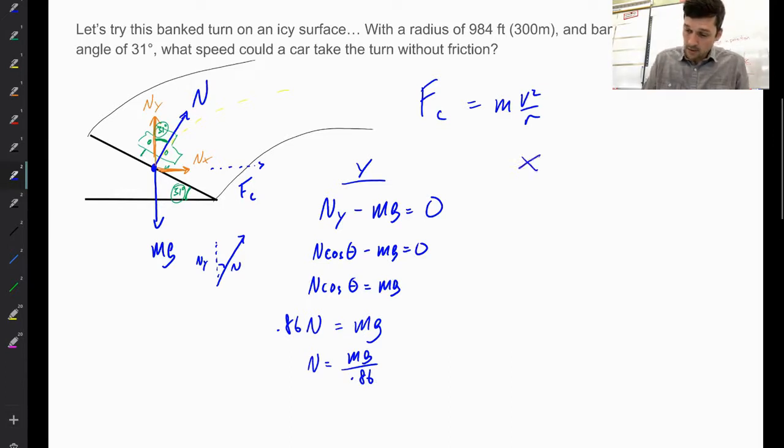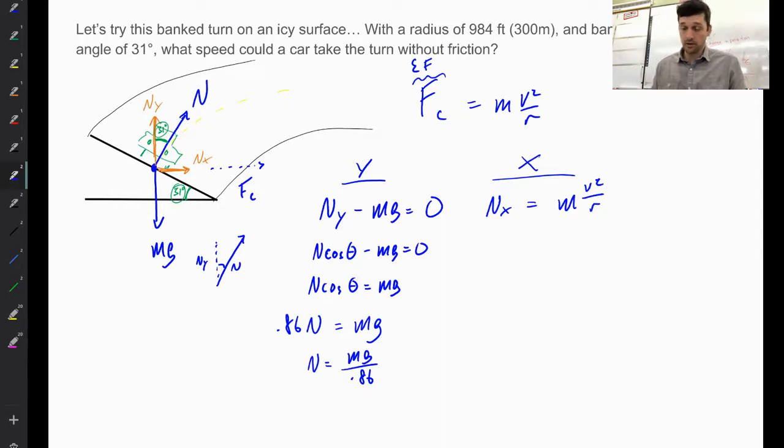In the x direction, the only force contributing to centripetal is the normal force in the x direction. So we've got normal force equals mv squared over r. Remember, the centripetal force is the sum of whatever forces are acting that result in centripetal motion, circular motion.